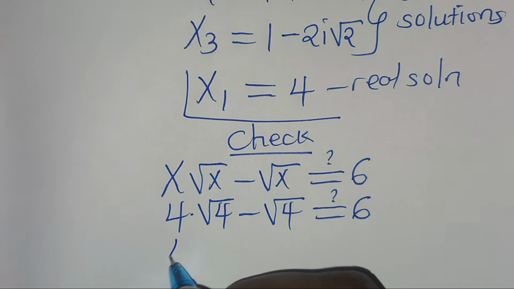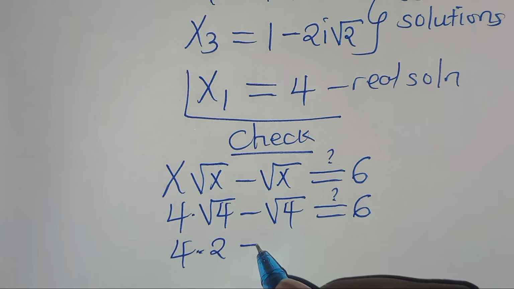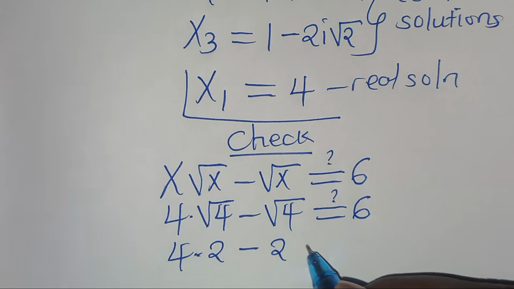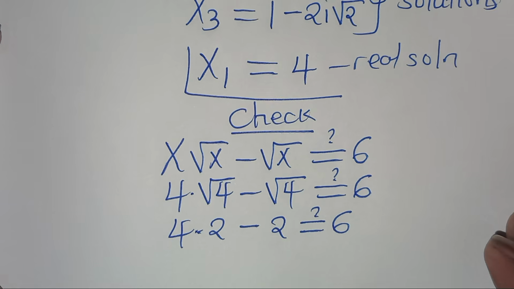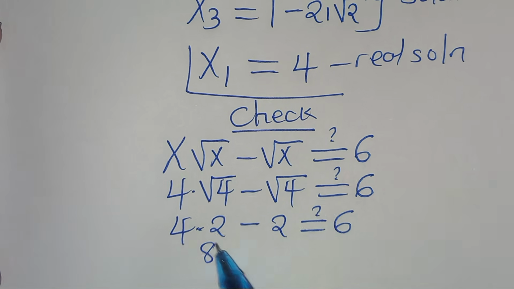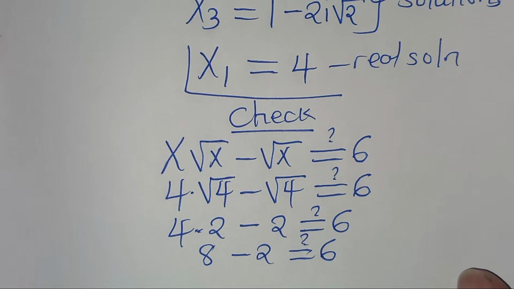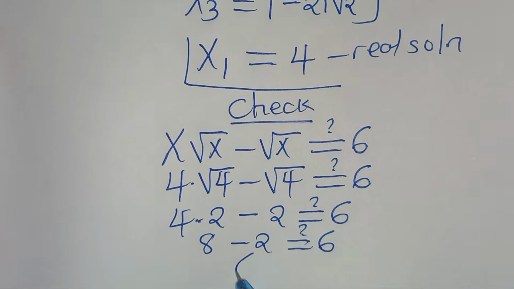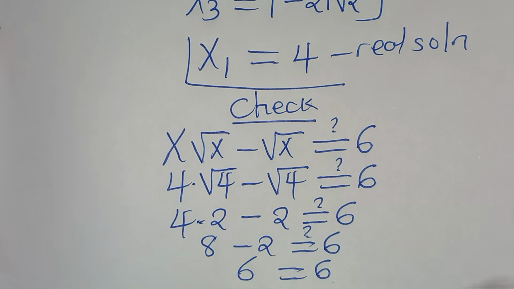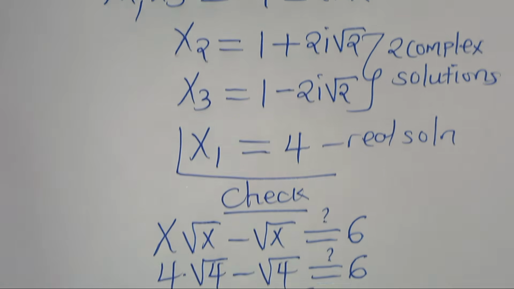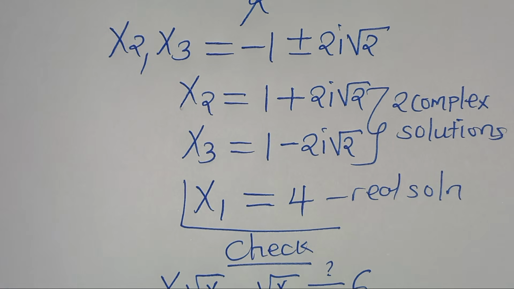Now this is 4 multiplied by the square root of 4, which is 2, then subtract the square root of 4, which is 2. This should give us a value of 6. So 4 times 2 is 8, minus 2. 8 minus 2 is equal to 6, which is equal to 6. So the left hand side is equal to the right hand side, and this proves that x1, which is 4, the real solution here, satisfies the equation.